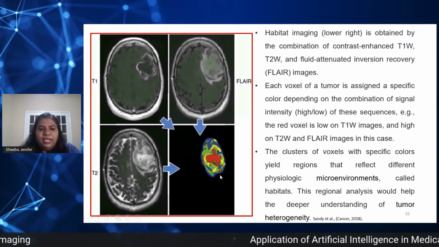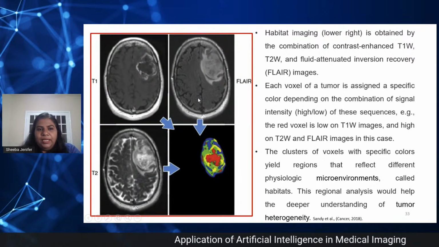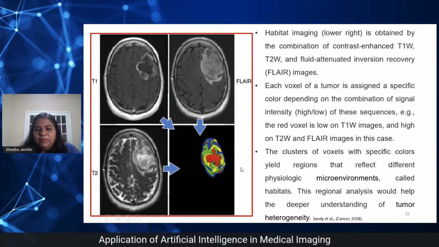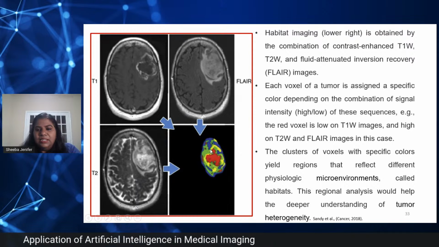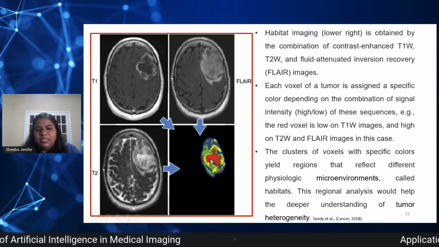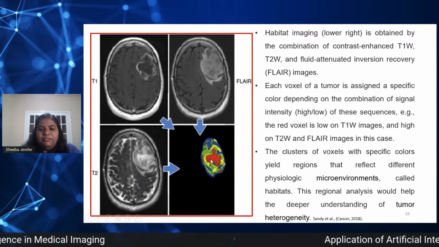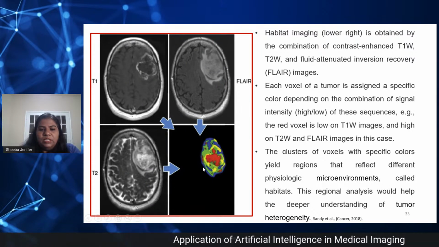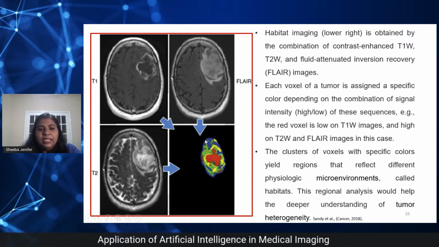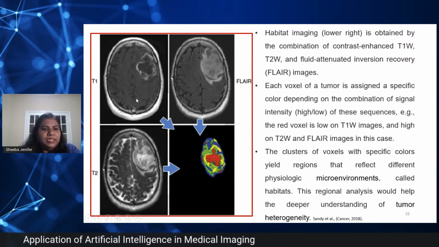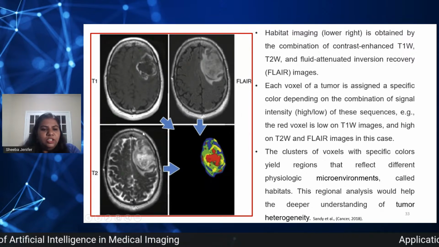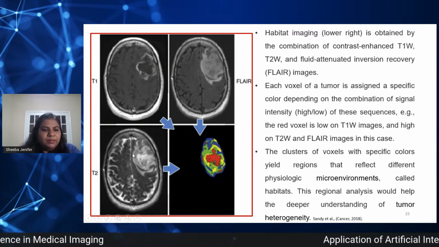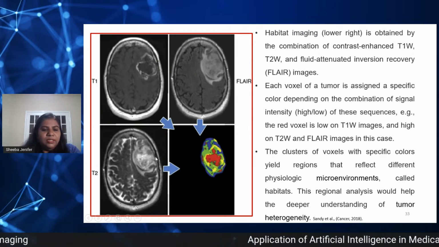So this T1, FLAIR and T2 are different imaging modalities. So here I'm trying to cluster these different voxels with specific colors that reflect the different microenvironment inside the tumor. So it's called the habitats. So you can see maybe just in the imaging, all the tumor region looks white, right? Somewhat white and bright white.